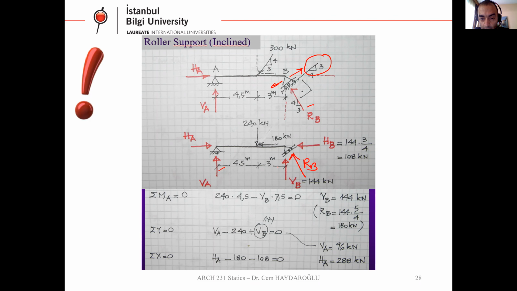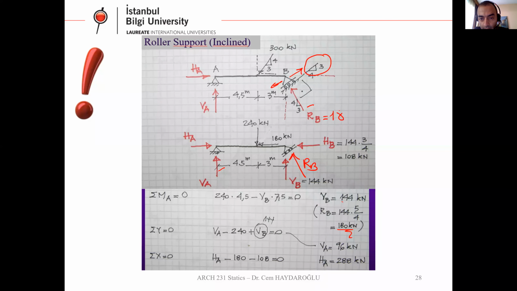There is a proportion with this 3, 4, 5 triangle here. To calculate RB, you can use these proportional numbers, 5/4, which gives us 180 kilonewton for RB.